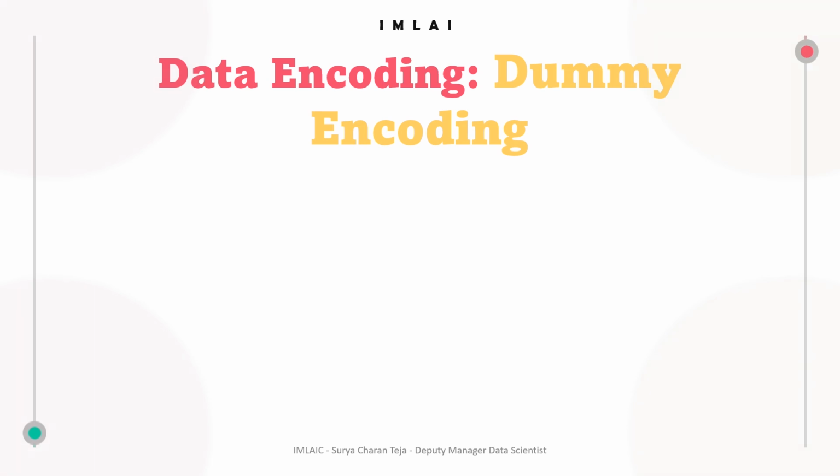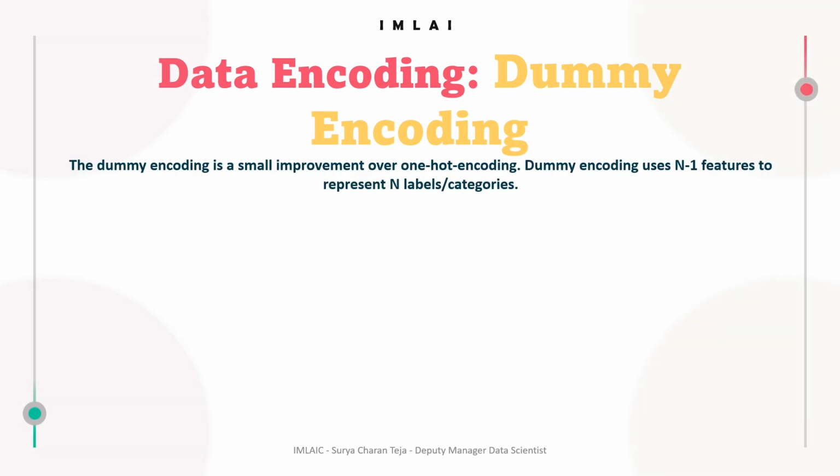In the case of OneHot encoding, for n categories in a variable, it uses n binary variables. The dummy encoding is a small improvement over OneHot encoding: the dummy encoding uses n minus 1 features to represent n labels or categories.